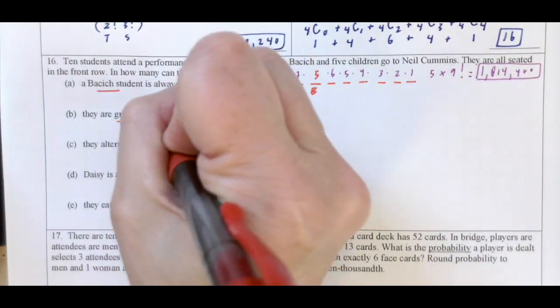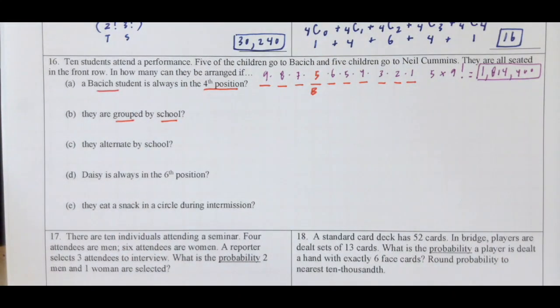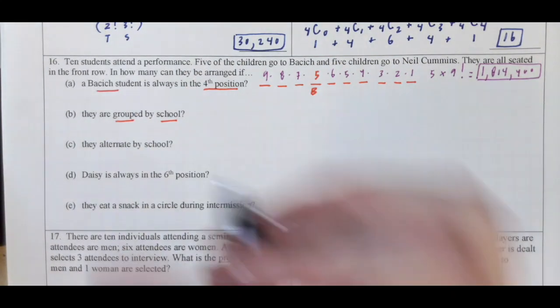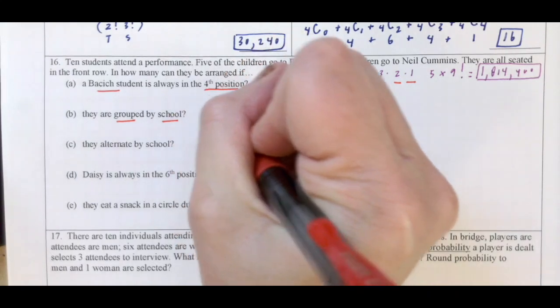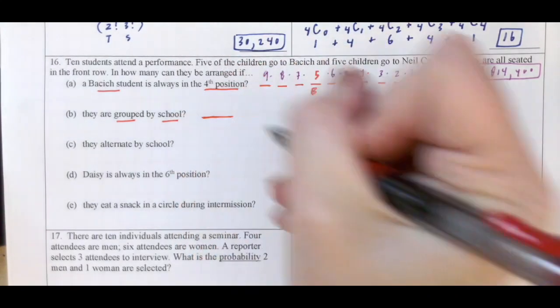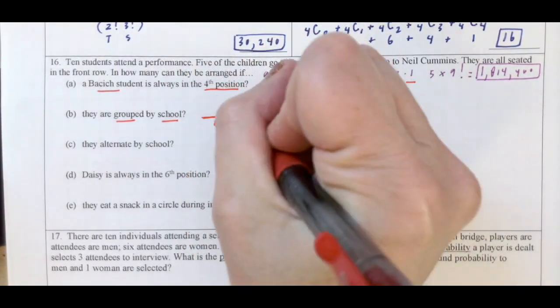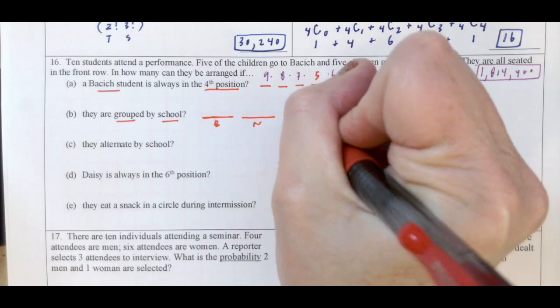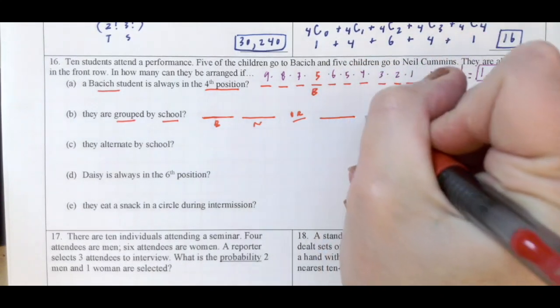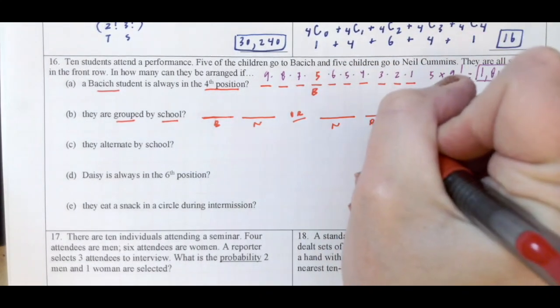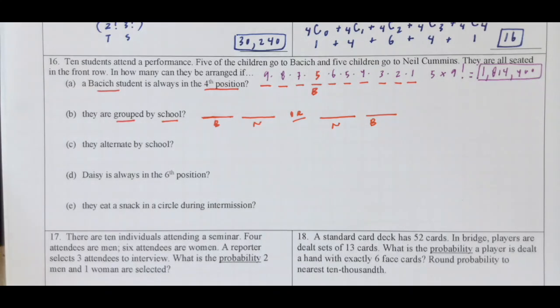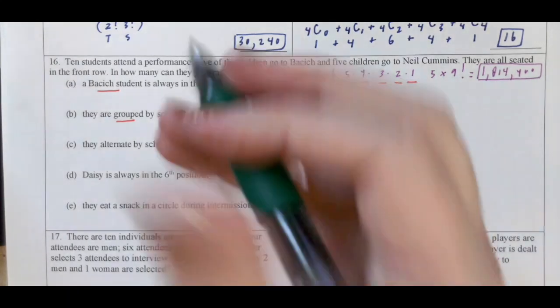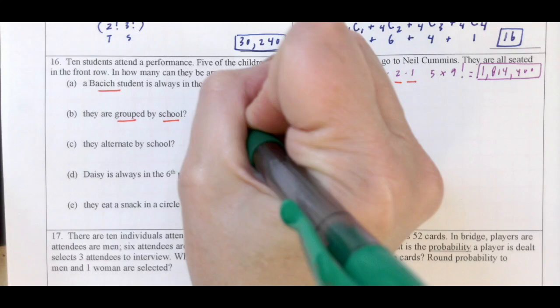So we have a chunk of Neil Cummins and a chunk of Basich. But it could be, I'm just going to draw it as a big chunk. So a chunk of Basich, then Neil Cummins, or vice versa. Now, since I have a block of Basich kids together, that's really just 5 factorial.